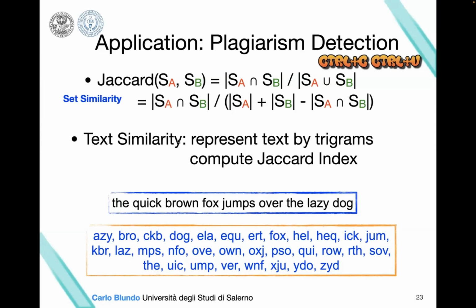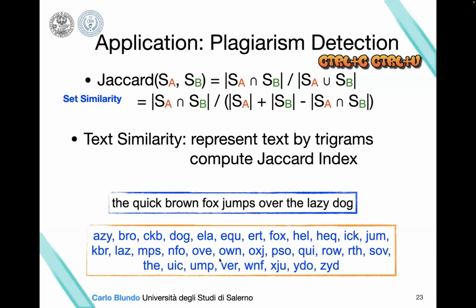How can we encode a text into a set? Well, we can use trigrams. Trigram means we take the text and take three characters each time. So we can use T-H-E, and then we can use H-E-Q, and so on. And this is just an example from the quick brown fox jumps over the lazy dog.